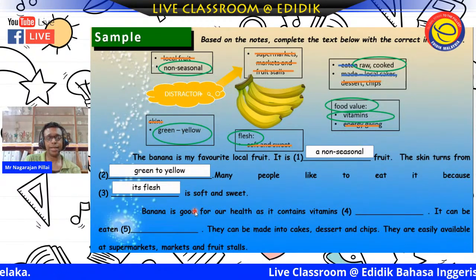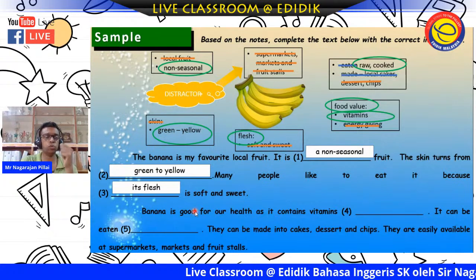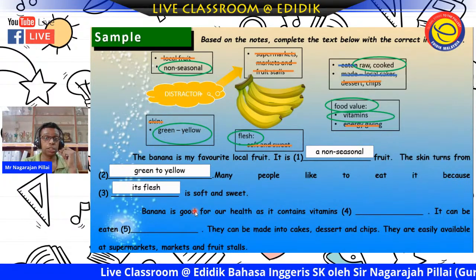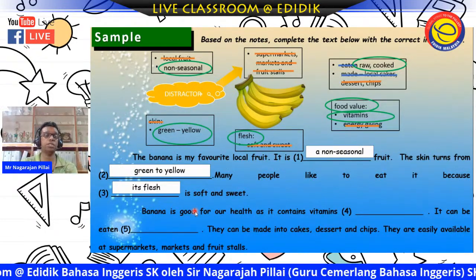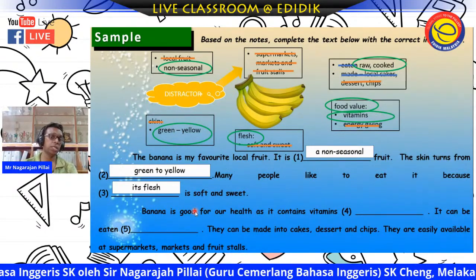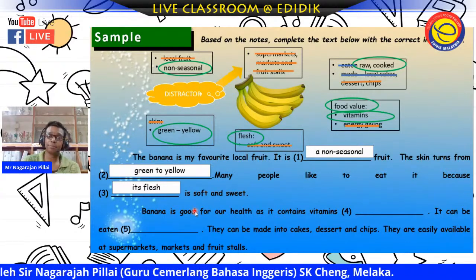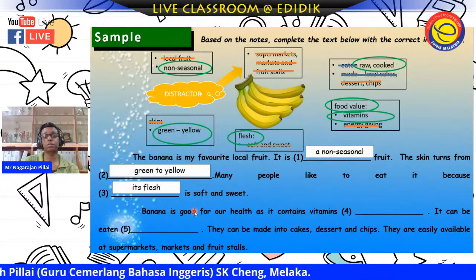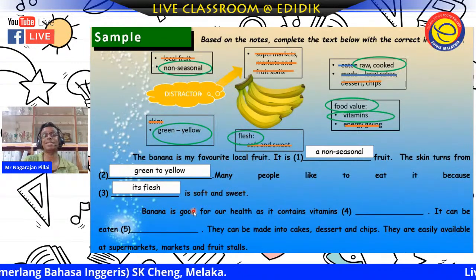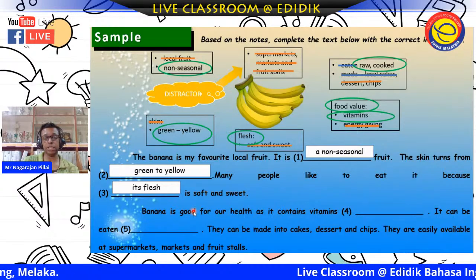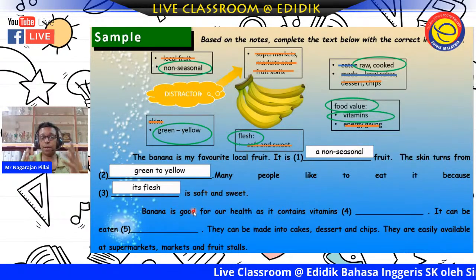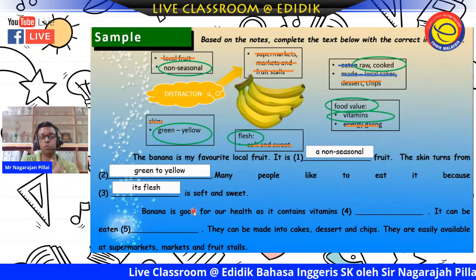Next. Can I change it to, let's say, the? Many people like to eat it because the flesh is soft and sweet. What do you think? Can I write like that? Yes, it's not wrong. Many people like to eat it because the flesh is soft and sweet. Because the article the also means we are pointing to something which we know.